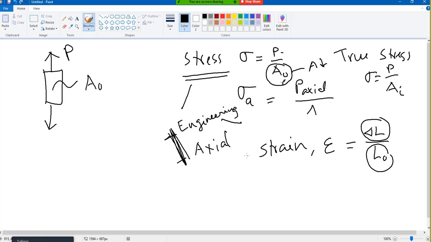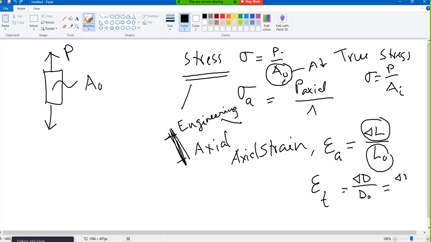Now this is actually axial. If we are talking about lateral or transverse, then it will be epsilon T, transverse. What is this? Delta diameter divided by original diameter. Whatever side you are taking, you should be consistent in that side.